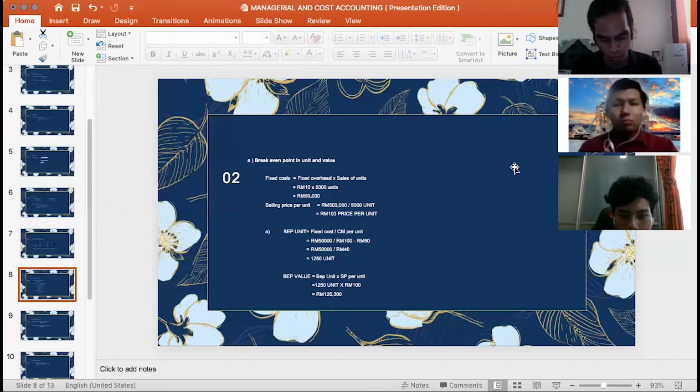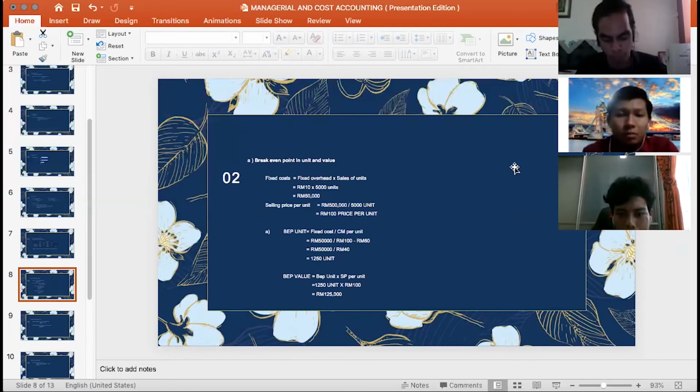For selling price per unit, RM 500,000 divided by 5,000 units, and then the answer is RM 100 price per unit. For A, BEP unit, fixed cost divided by contribution margin per unit.